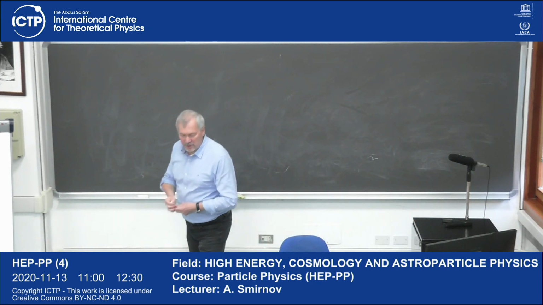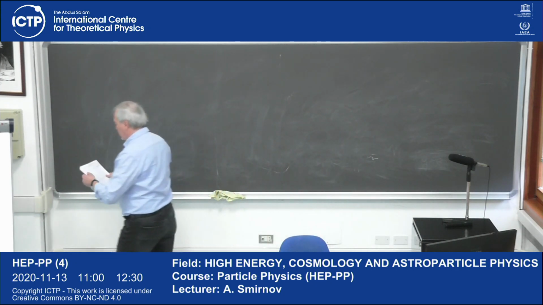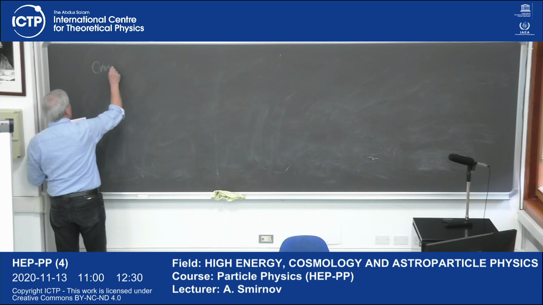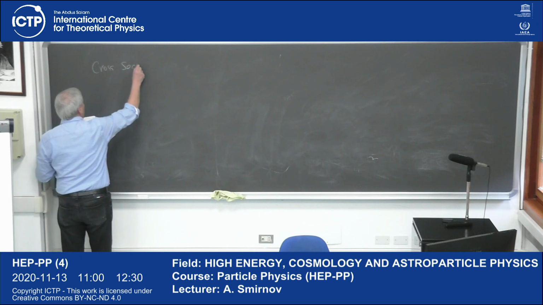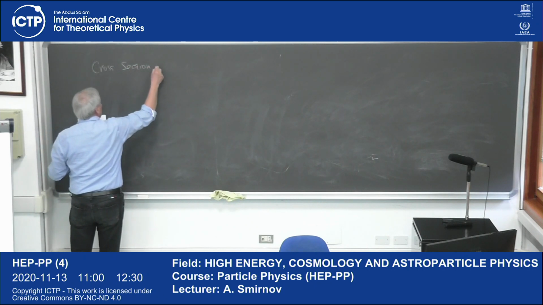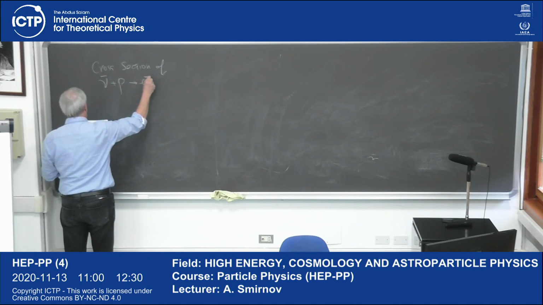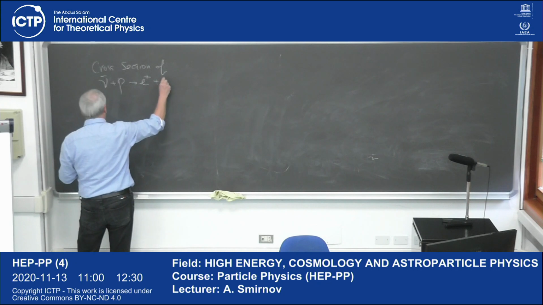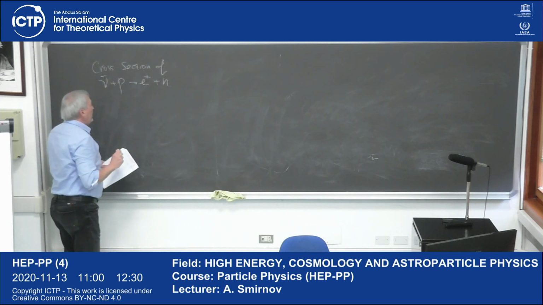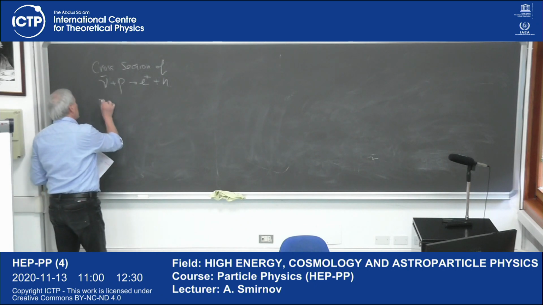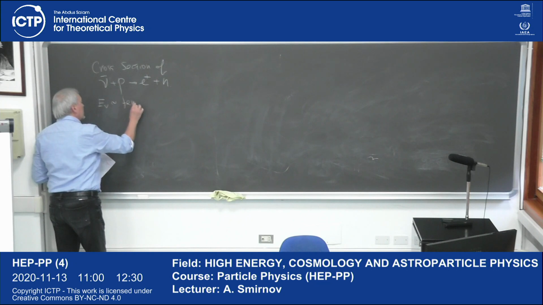Now let me compute the cross-section for the process of inverse beta decay. I will compute this cross-section for neutrinos with energies in the range of a few MeV.